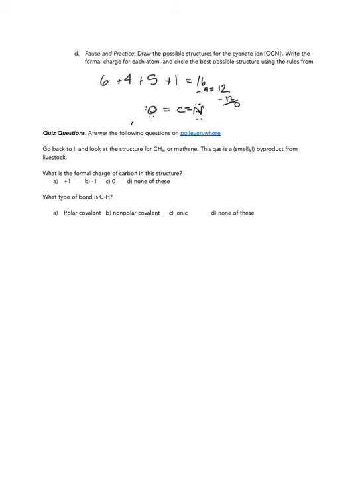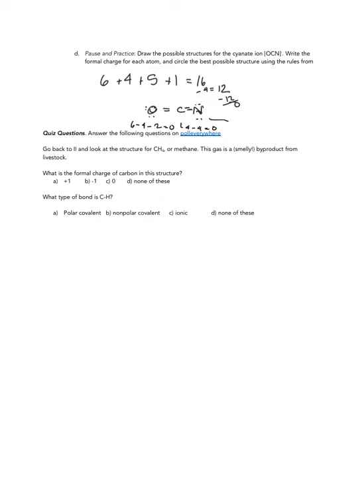So for oxygen, 6 minus 4 electrons in lone pairs minus 2 electrons, 1/2 of the electrons in bonds, gives us 0. For carbon, 4 valence electrons minus 4 electrons in bonds gives us 0.